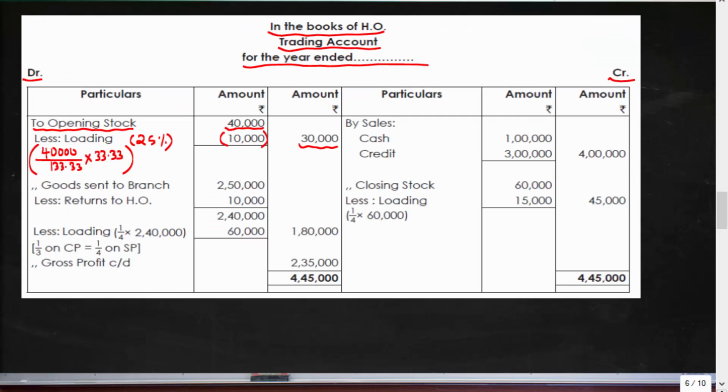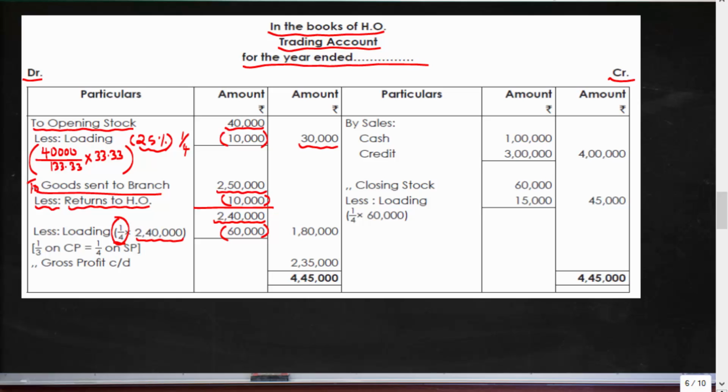Now from this we have to remove the profit, and I told you to simply subtract loading as 25%. 2,40,000 multiplied by 1/4 gives you 60,000.